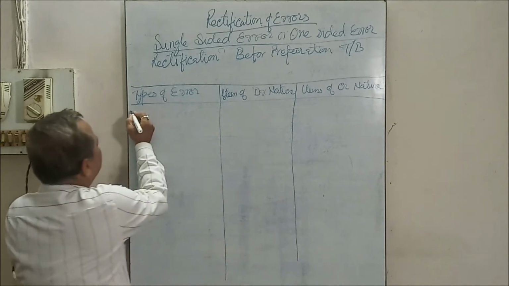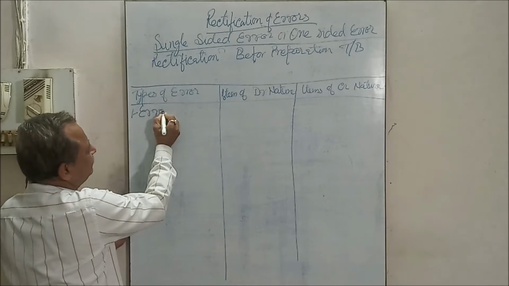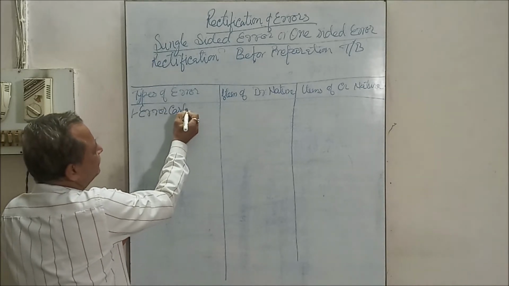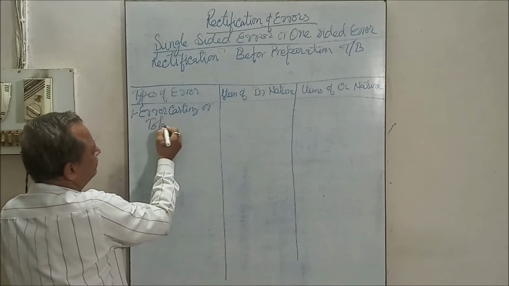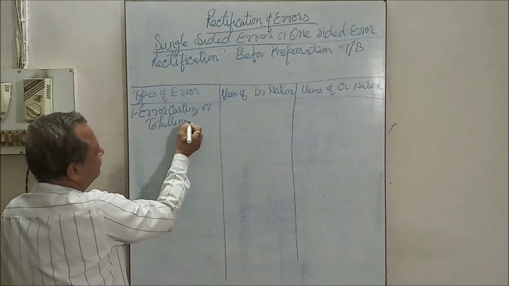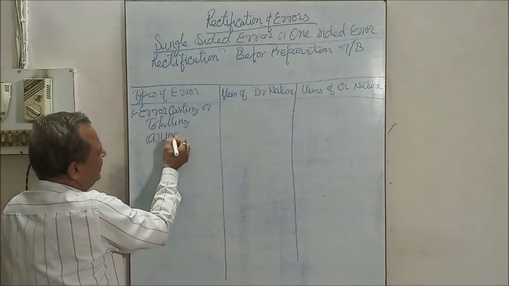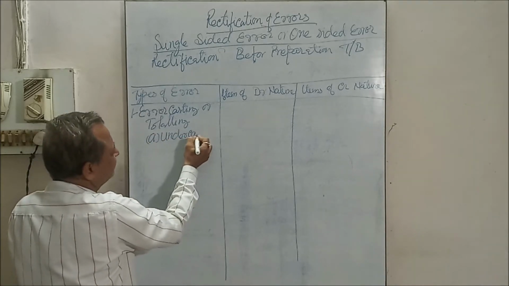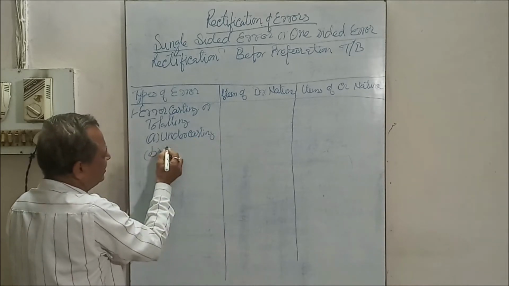Now see, number one, error of casting or totaling, that is A, undercasting, B, overcasting.